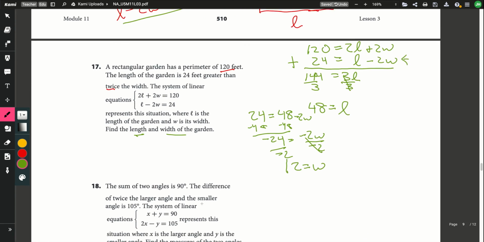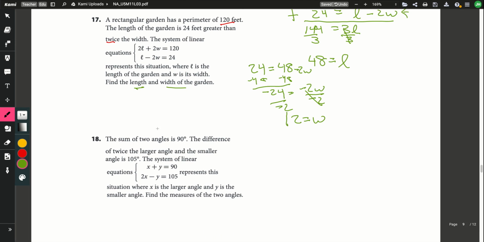Okay, let's look at these examples. If you get confused on how to set it up, read through all of the examples. Okay, on your homework, it is going to give you the words, but not the equations.